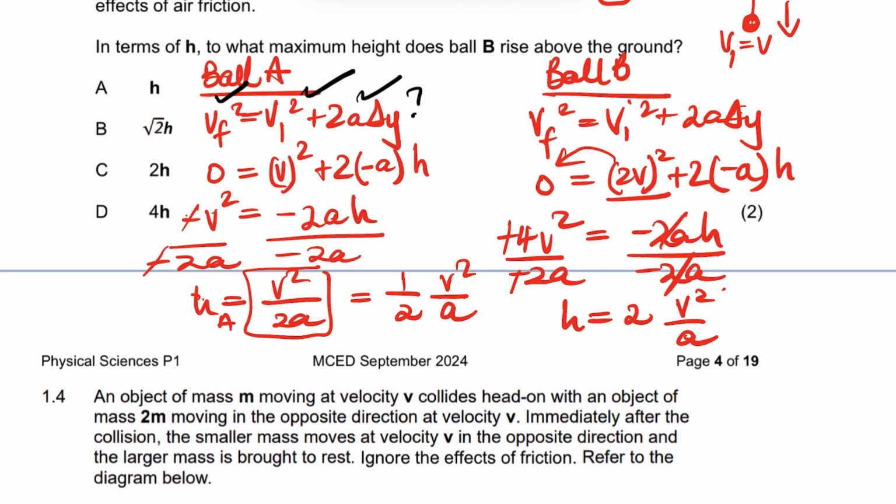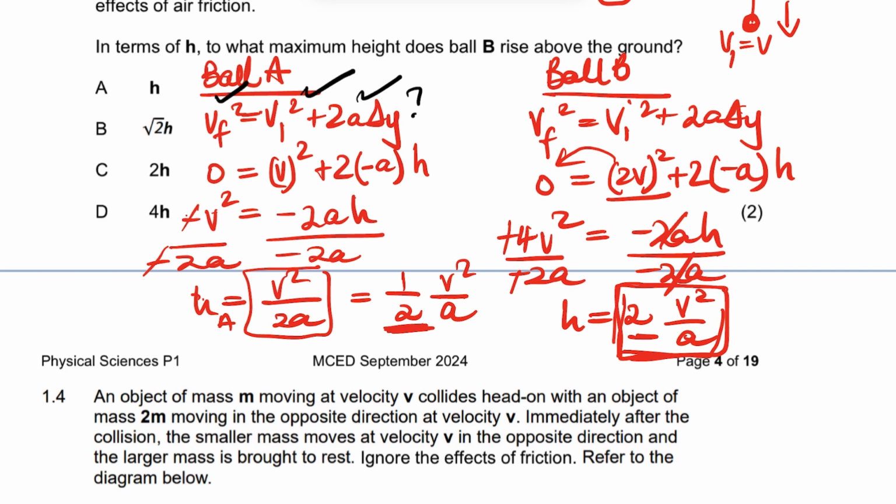So now we have these two. In this one you have a half, in this one you have a 2. So what is the difference between half and 2? From half to 2 you have to move 4 times. You have to multiply by 4 the half.